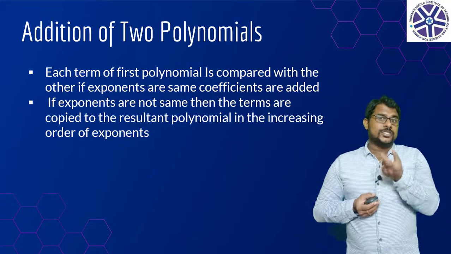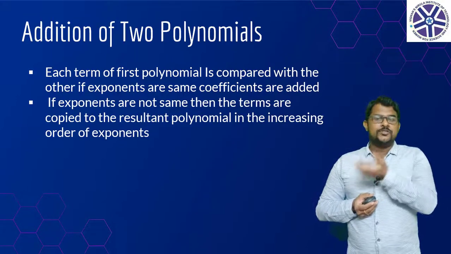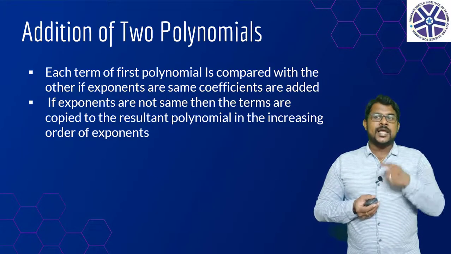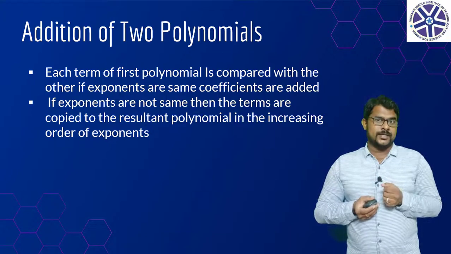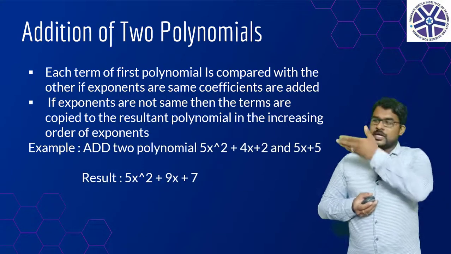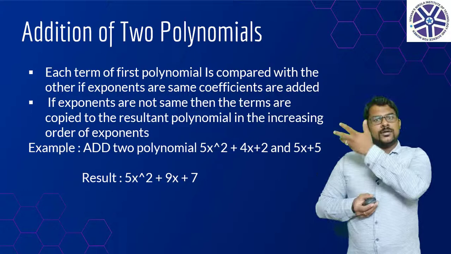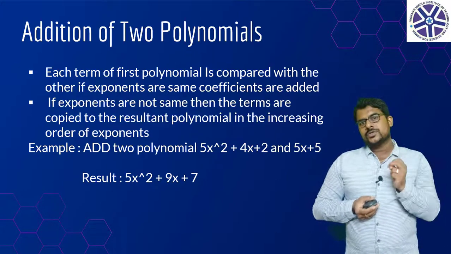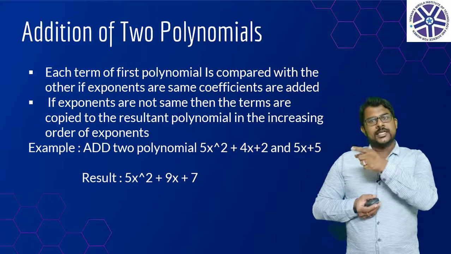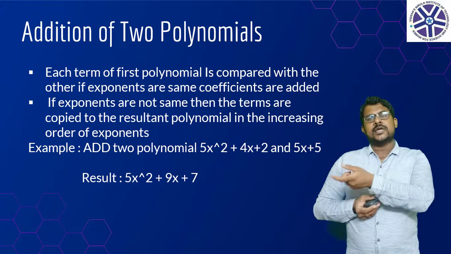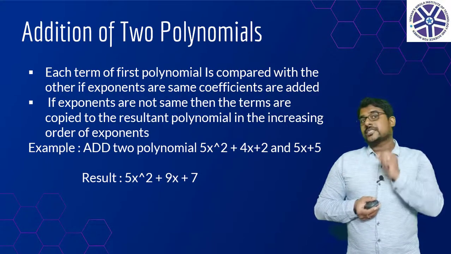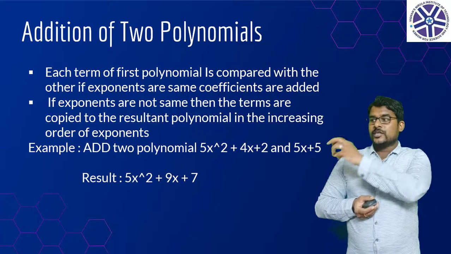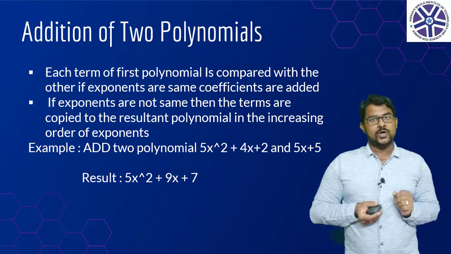If the exponents are similar, we add the coefficients. And if the exponents are not similar, we copy the term to the resultant polynomial. So there are only two things here: if the exponents are same, we add up the coefficients, and if the exponents are not same, we copy the term to the resultant polynomial.